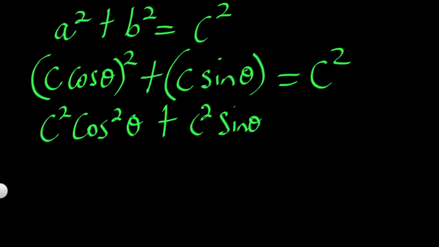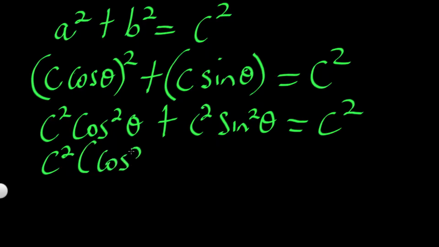Sine squared theta. This is equal to C squared. From here, I can factorize C squared on the left hand side. So if I factorize C squared, I will have here cos squared theta plus sine squared theta, close the bracket.